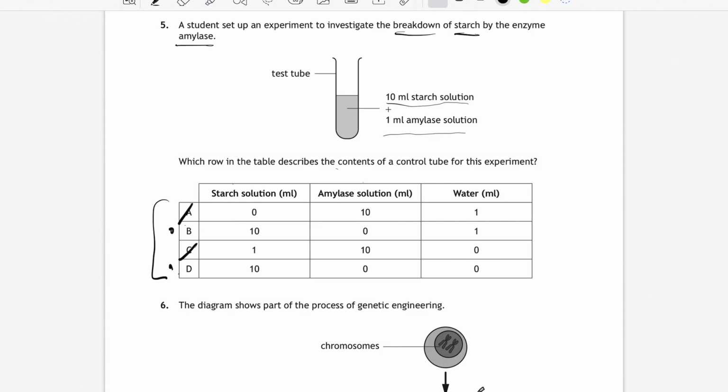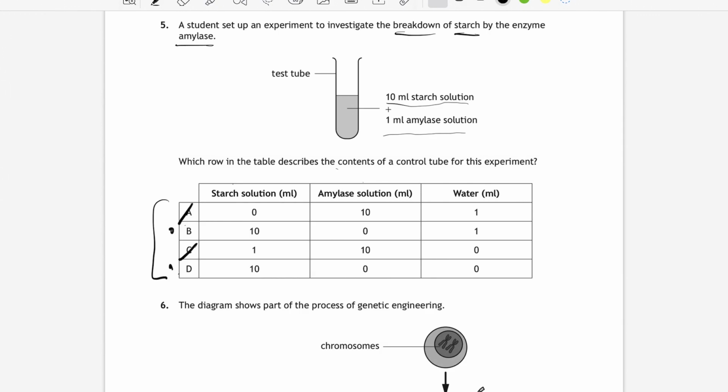If you take away the amylase solution, you're then going to be able to prove that it was the amylase that was breaking down starch, because there won't be the breakdown happening, so starch will still be present. You can still test for it, but in answer C they have left the amylase in there.